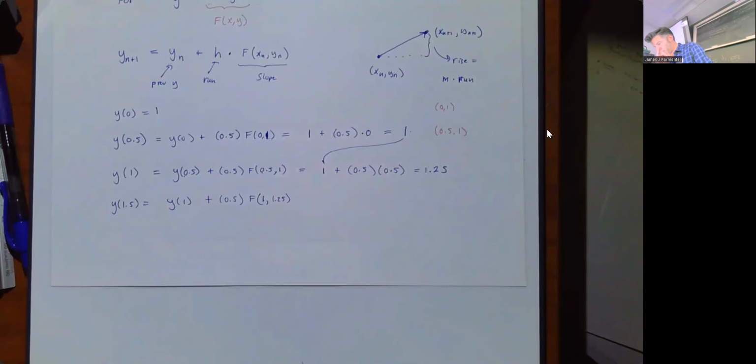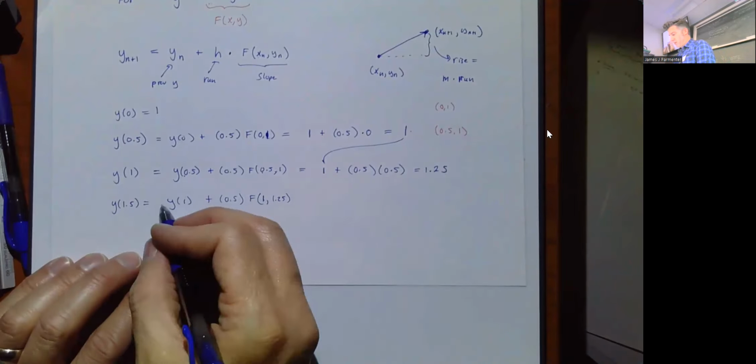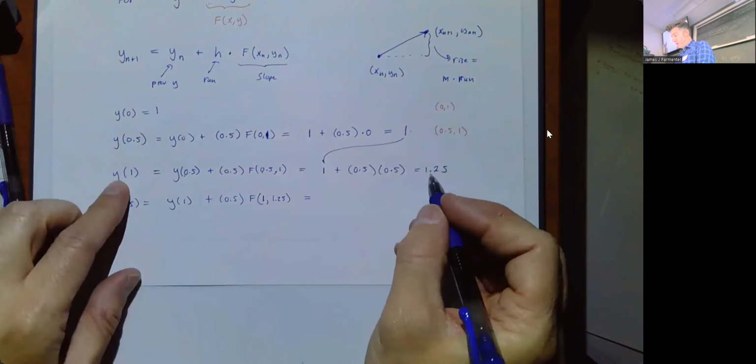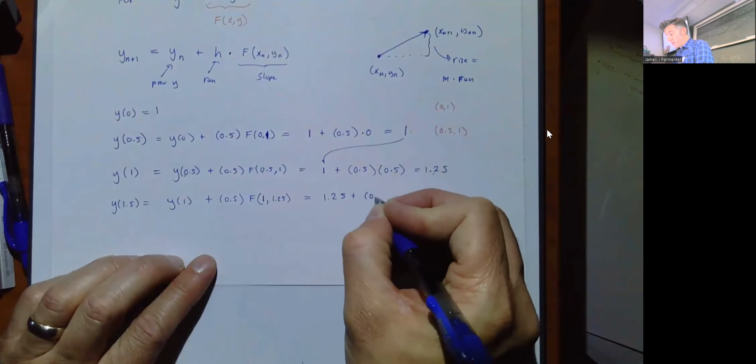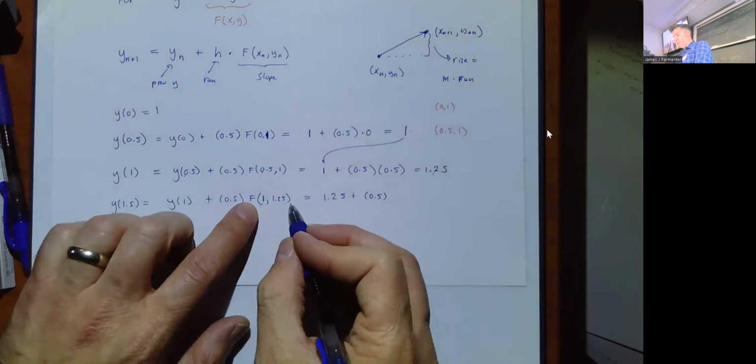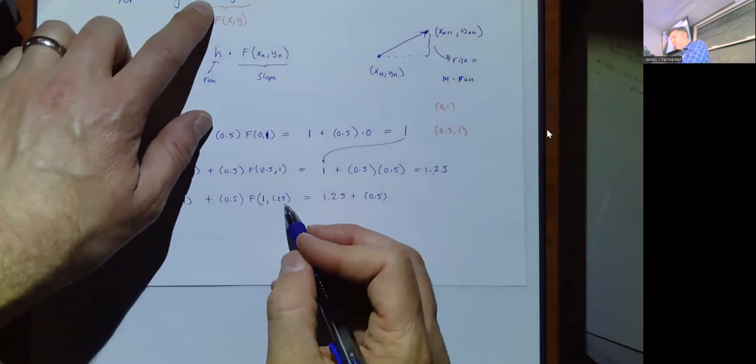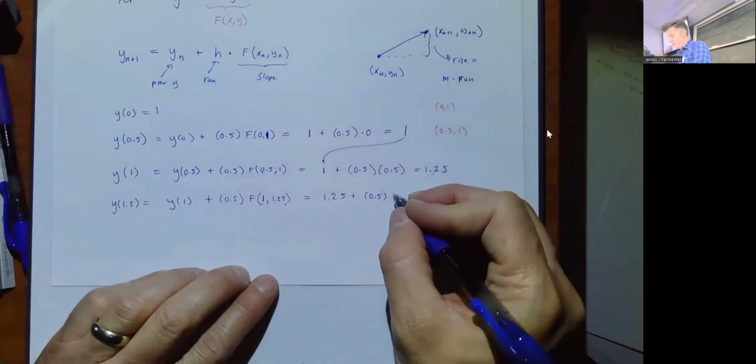So then y of 1 is just the previous value I had here, 1.25, plus 0.5 times f of 1, 1.25, which is going to be 1 plus 1.25 minus 1, which is 1.25.